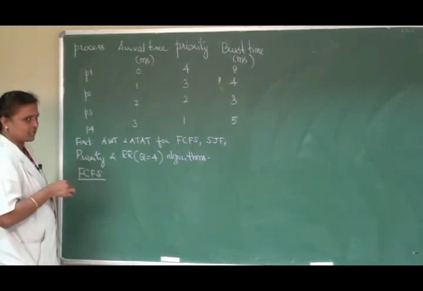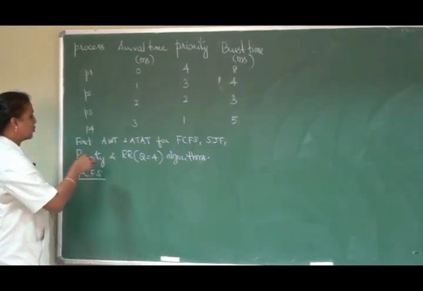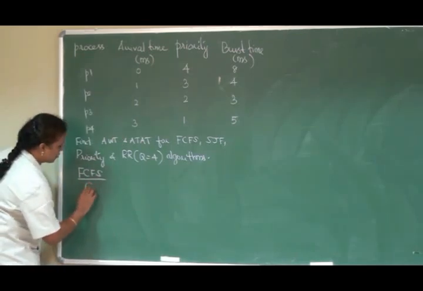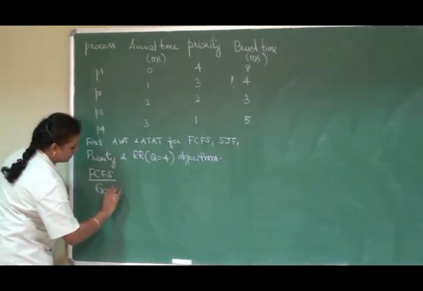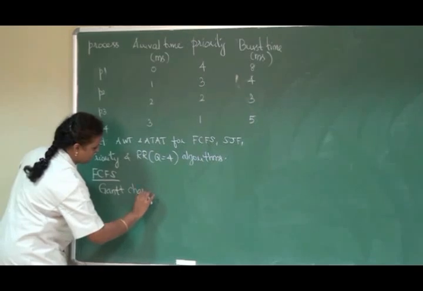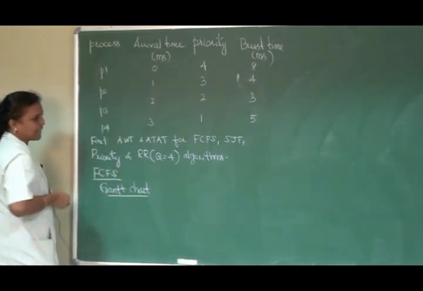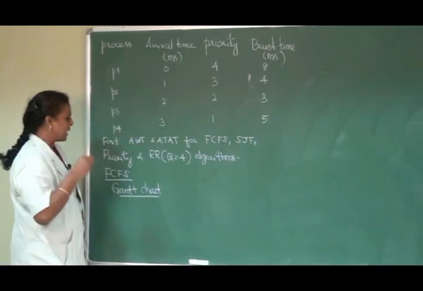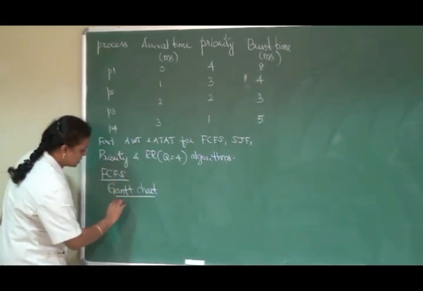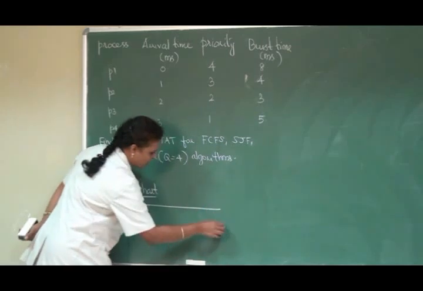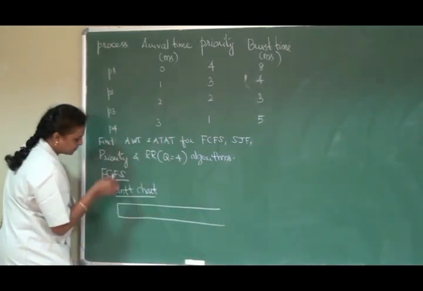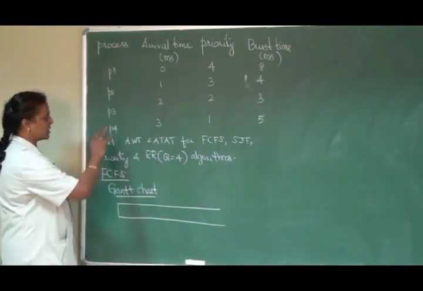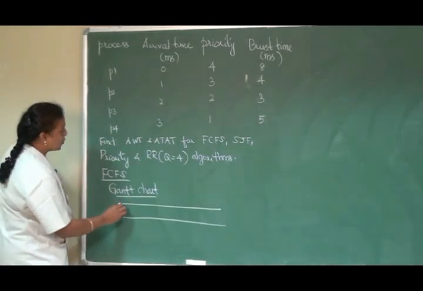So for first come first serve algorithm, to calculate the waiting time, first we have to draw the Gantt chart. From the Gantt chart, we can easily calculate waiting time and turnaround time of each and every process. So the Gantt chart is drawn for the order in which the processes are getting the CPU.